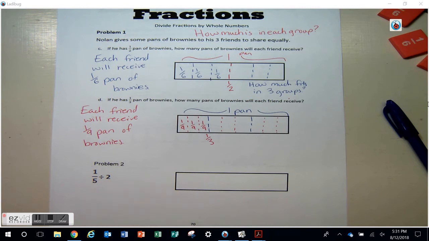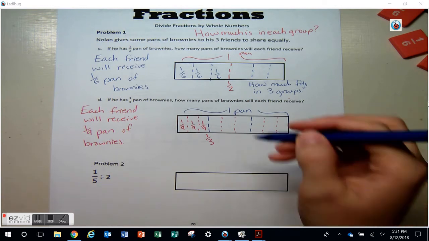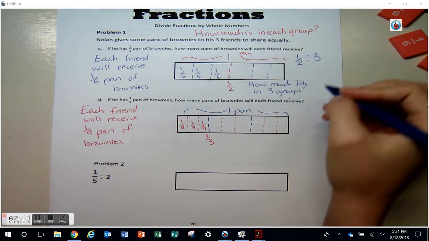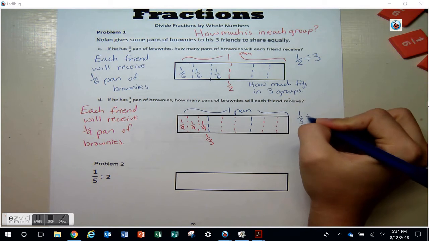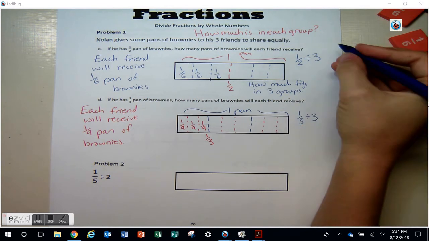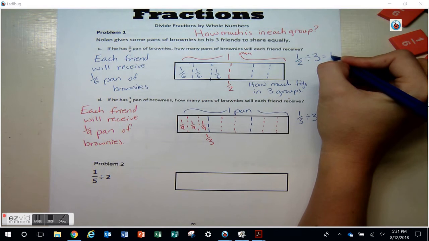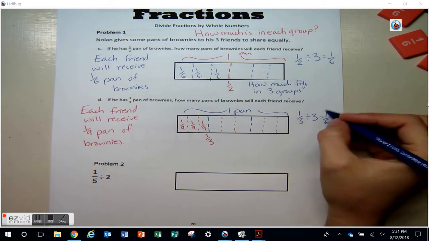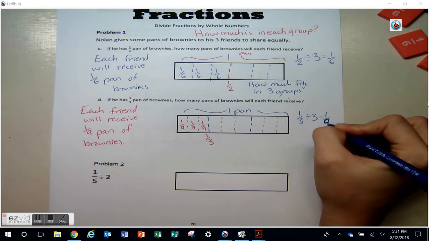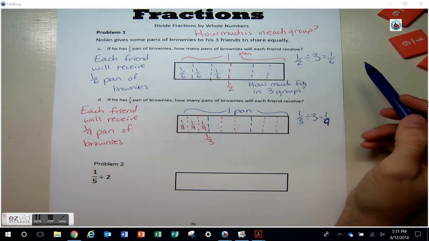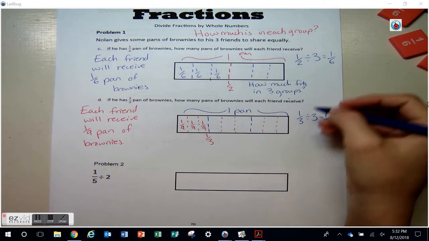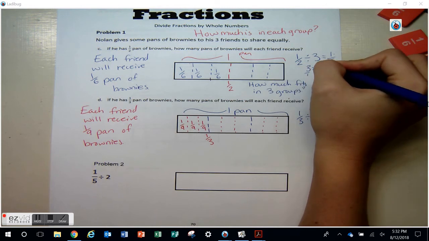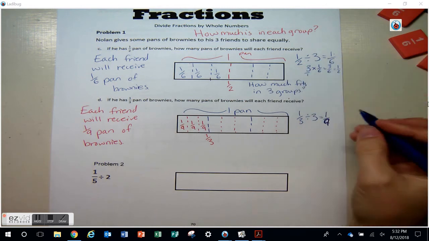1/5 divided by 2. Well, just so we're clear here, this problem up here was 1/2 divided by 3. This problem was 1/3 divided by 3. Here I got 1/6, and here 1/9. We can always check it by doing our multiplication. So 3 times 1/6 equals 3/6 equals 1/2.